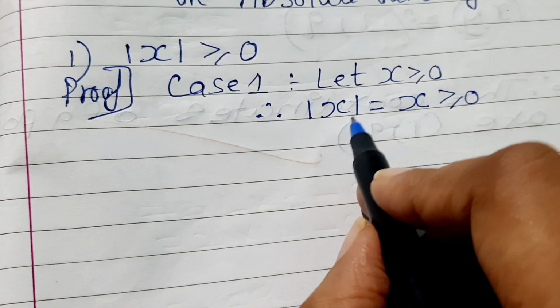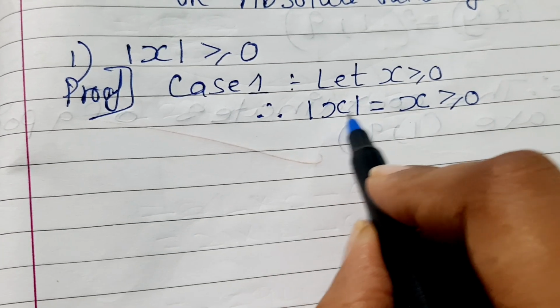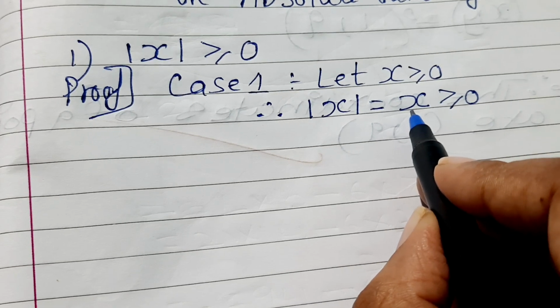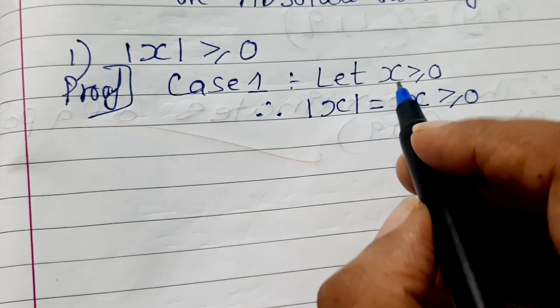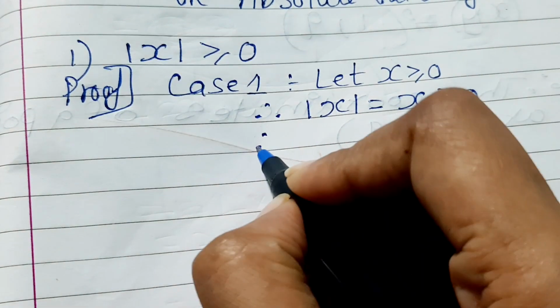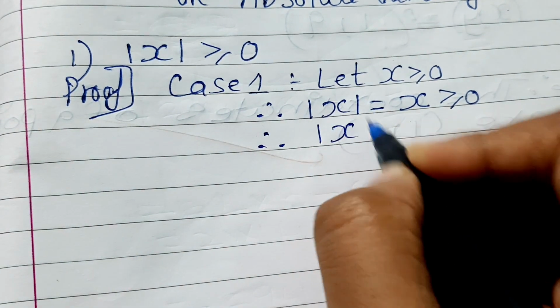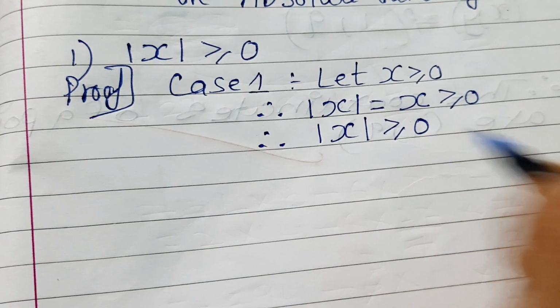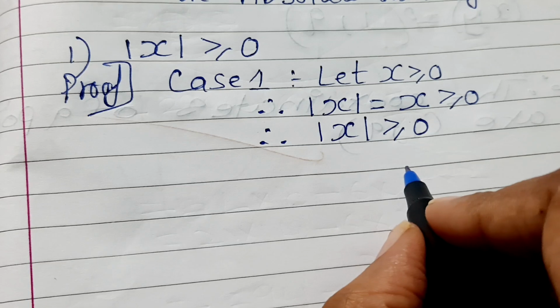If modulus of x is equal to x, when we remove it out of the modulus, we get positive x. Therefore I can say that modulus of x is greater than or equal to 0. In case 1 we got this.